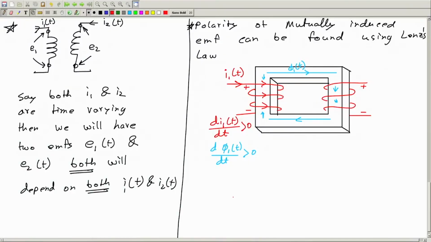Why, or how to verify this? To verify this, let's assume we had a closed path. Then this coil will act like a battery. So think of this now like a battery, with plus here, minus here, and this will try to deliver a current in this direction.